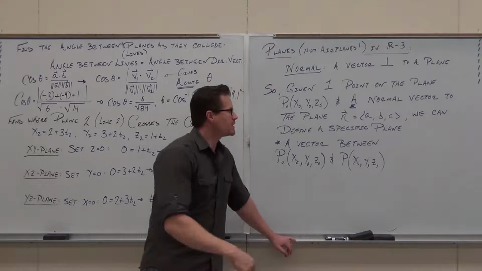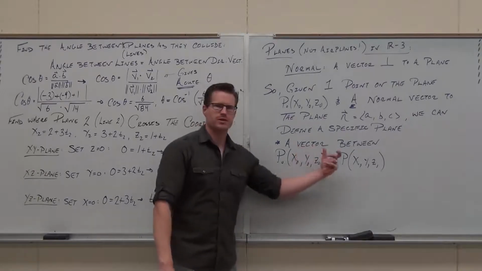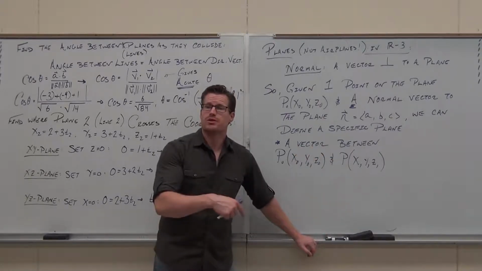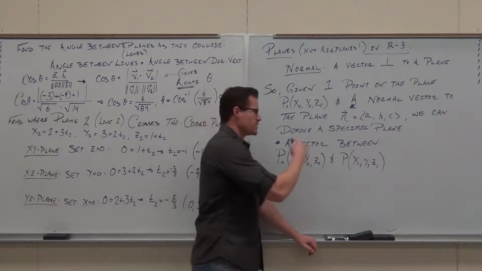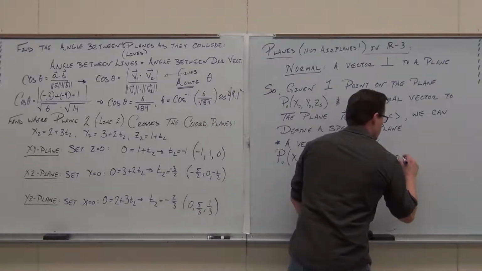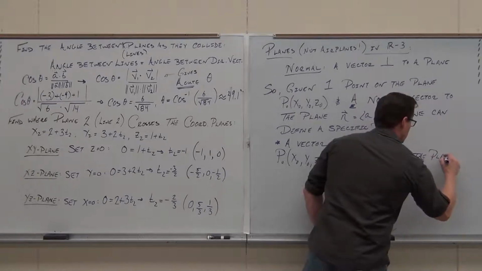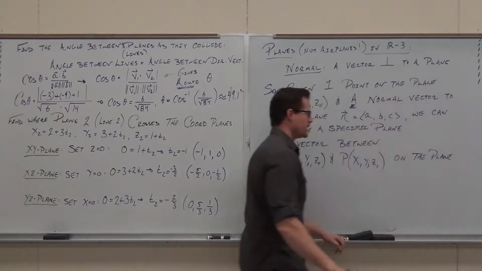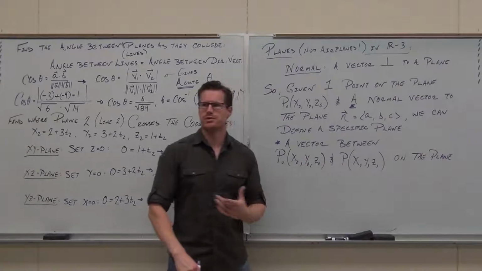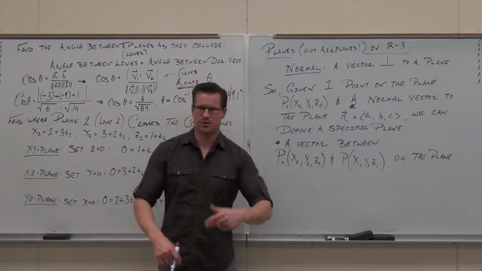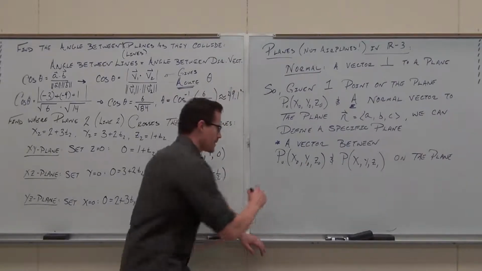So here you go. Let's start with a vector between 2 points. These points are going to be on the plane. So a vector between 2 points on the plane. Can you give me the vector between 2 points? Of course, we've already done that.